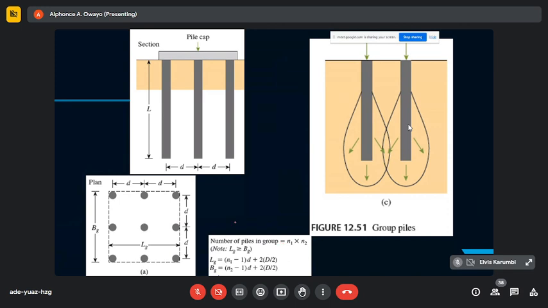So this is why you need to come to class. You can see D is not described here, and so D is pile diameter or pile dimension.